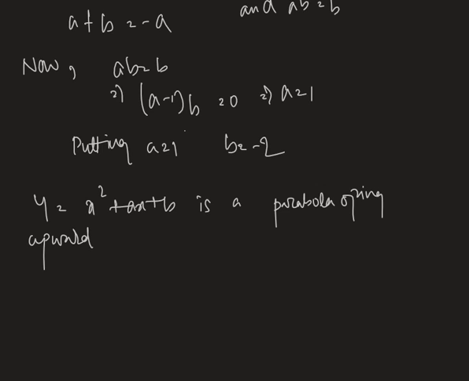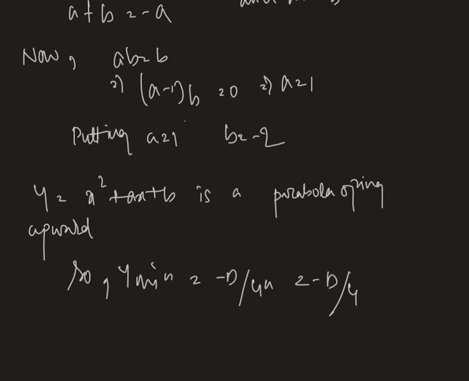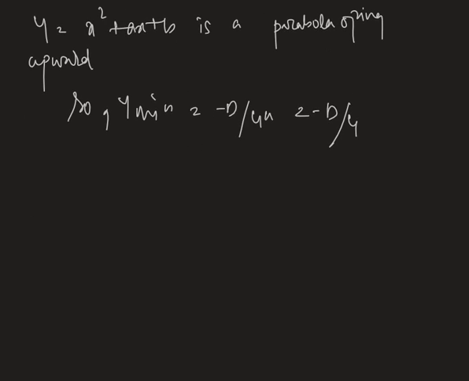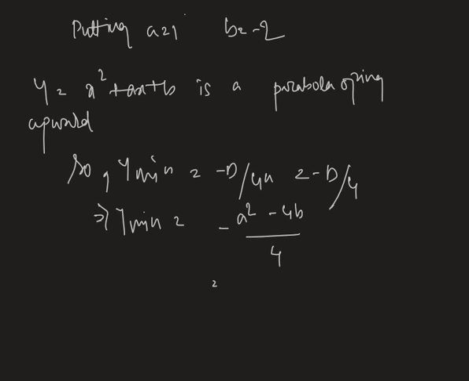Therefore we can say that y min is equal to minus d by 4a, as the value of a is equal to 1, so it's going to be minus d by 4, and y min results in minus (a square minus 4b) divided by 4. So after putting the values of a and b, we get minus 9 by 4 as the answer.